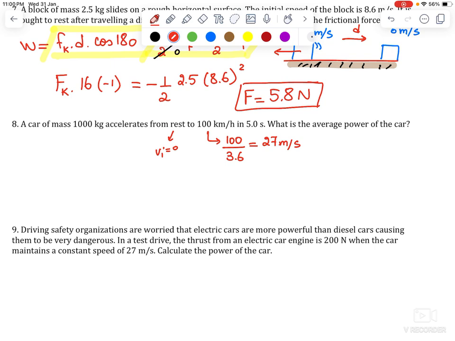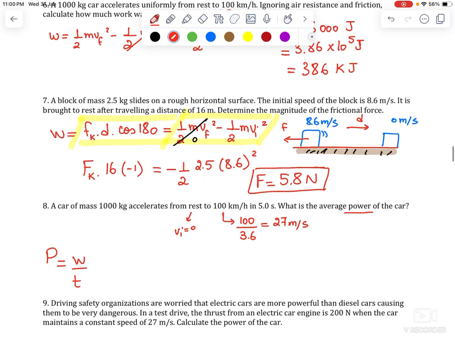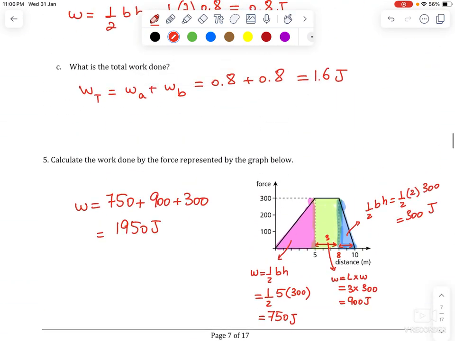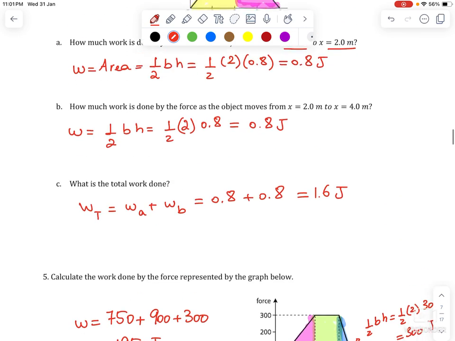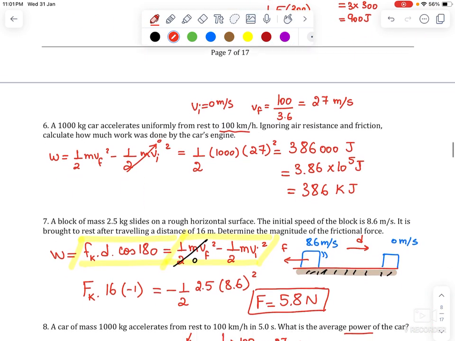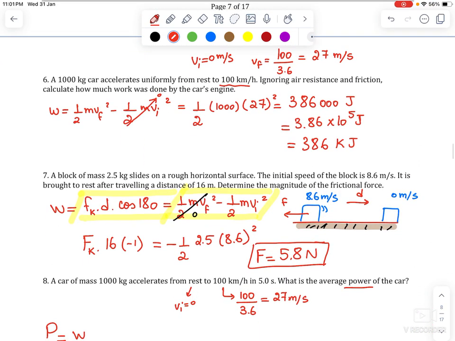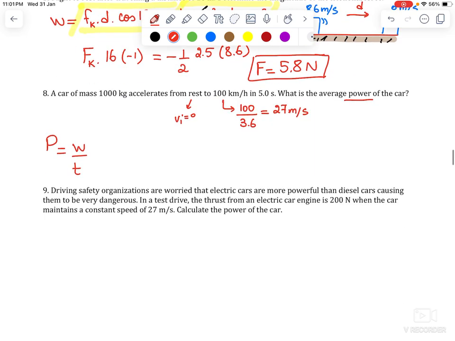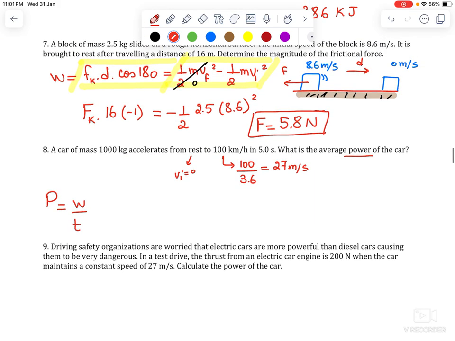To find the average power, first I need to find the work. We have done it, by the way, once back here. We only found, yes, here, the same values. So the work is actually the change in the kinetic energy.